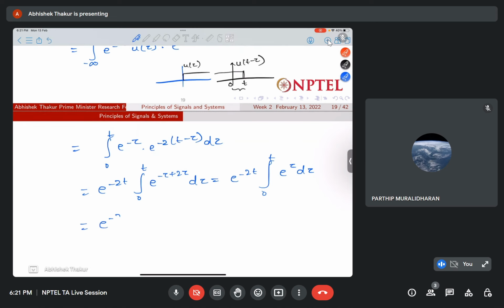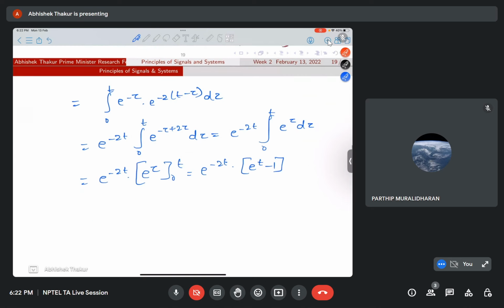So you will get e to the power minus 2t into e to the power tau, which gives e to the power minus t minus e to the power minus 2t, for t greater than or equal to 0.